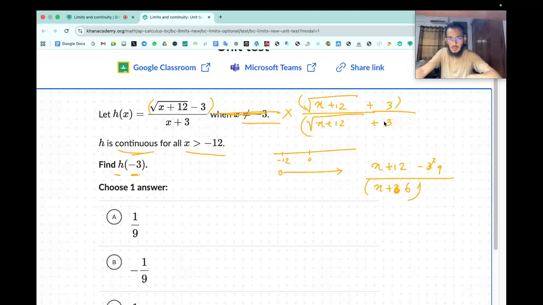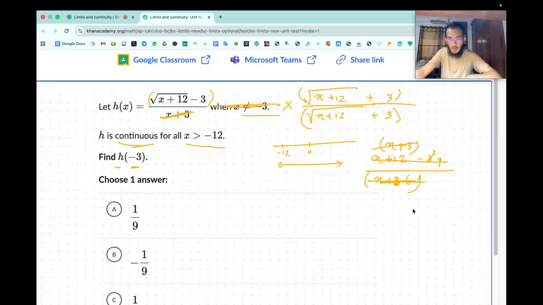Oh, sorry, this thing is being multiplied, so we can't actually cancel like this. So we have x plus 3 in the denominator, and in the numerator we also have x plus 3, because 12 minus 9 is 3. Now this x plus 3 cancels out with this x plus 3.